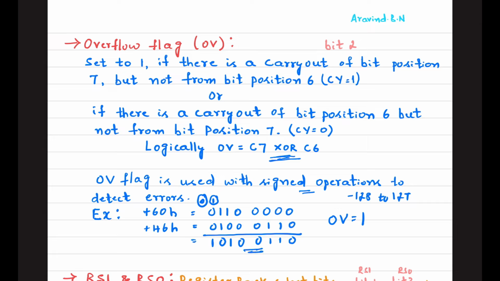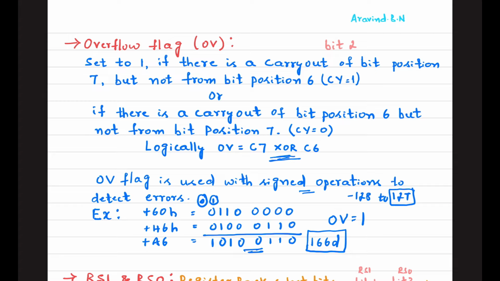This is equal to plus A6. Plus A6, if we convert that to decimal, is the value 166 decimal.